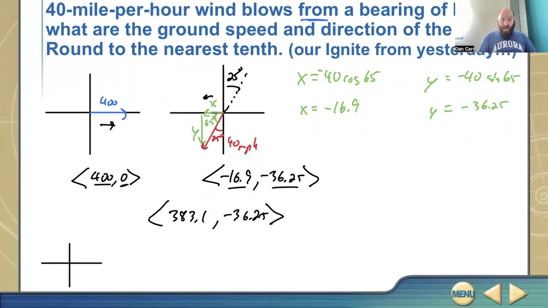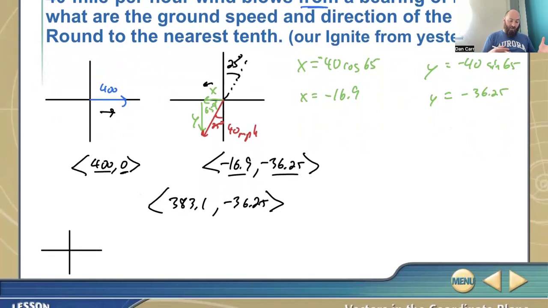So the actual path of the airplane is not going exactly east. Instead, it's made up of a horizontal component going 383.1 to the east, and going south 36.25. This is what we're trying to model. Just like last time, we're going to find our magnitude.